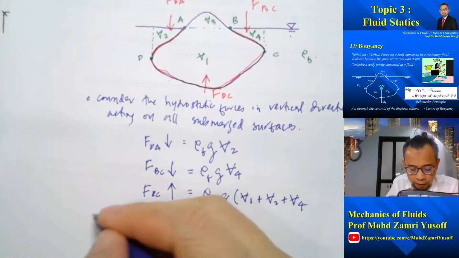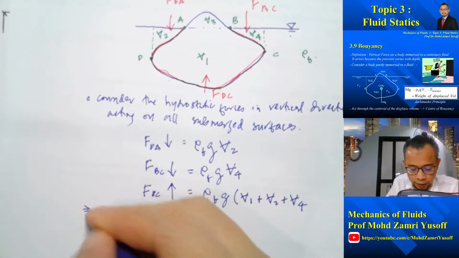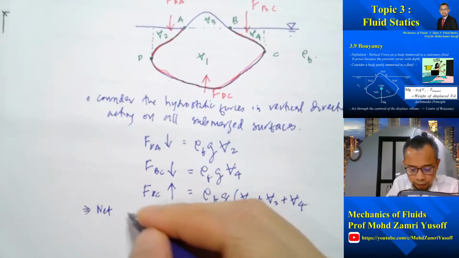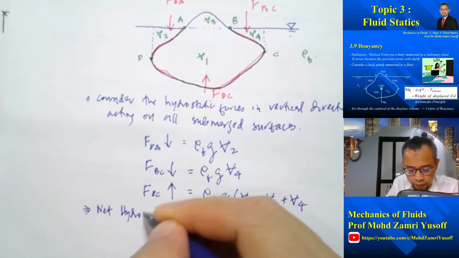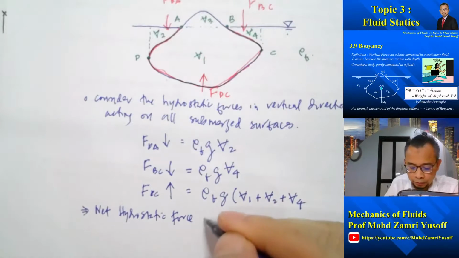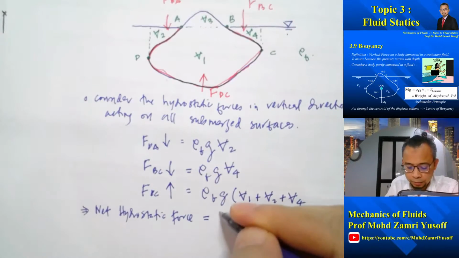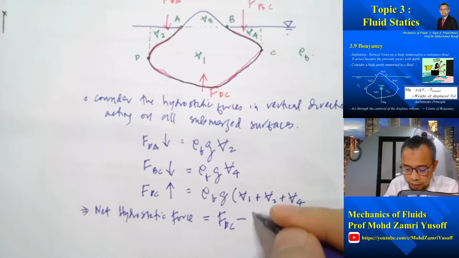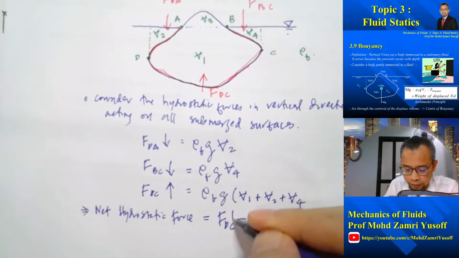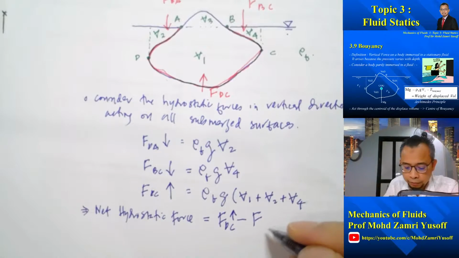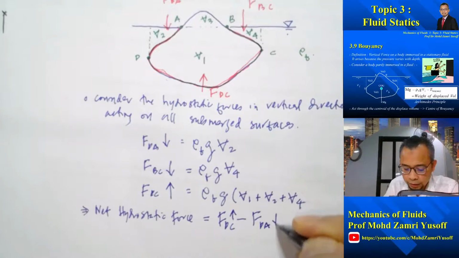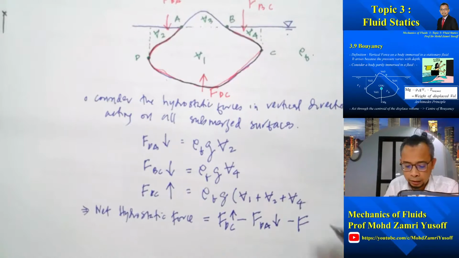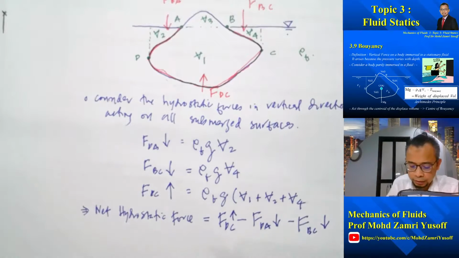So this implies that the net hydrostatic force will be equal to F_DC, which is upward, minus F_DA, which is downward, minus F_BC, which is downward.